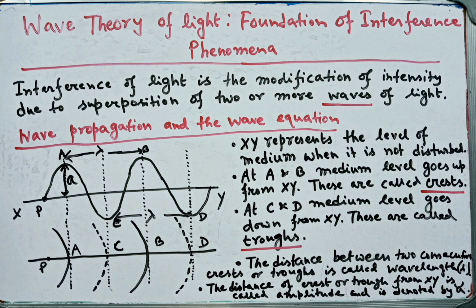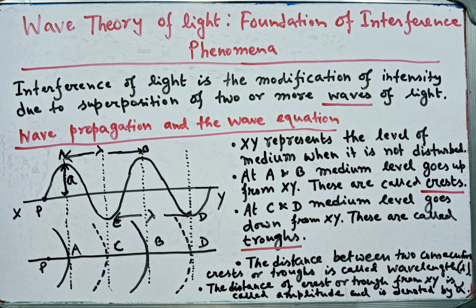Basically, if we consider a radius from the center where you are throwing your stone and draw a circle, all the points on the circle are in the same phase, meaning all the water particles vibrate in the same way.